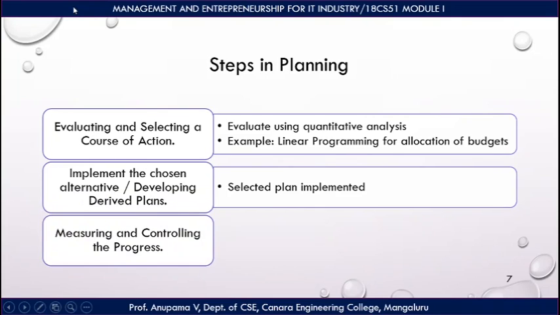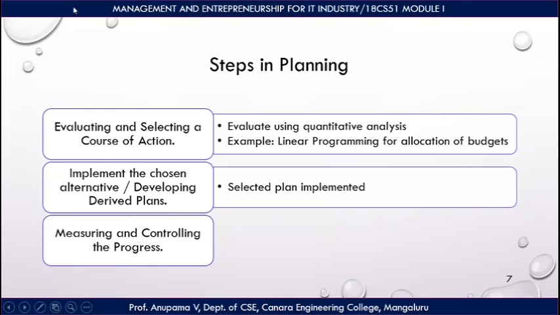The selected alternative is implemented and its effectiveness is measured. The initial results of implementation start giving the manager an idea of the effectiveness of the plan. So here he has to decide, does the selected plan fulfill the planning objective? If yes, then the plan is continued in implementation.